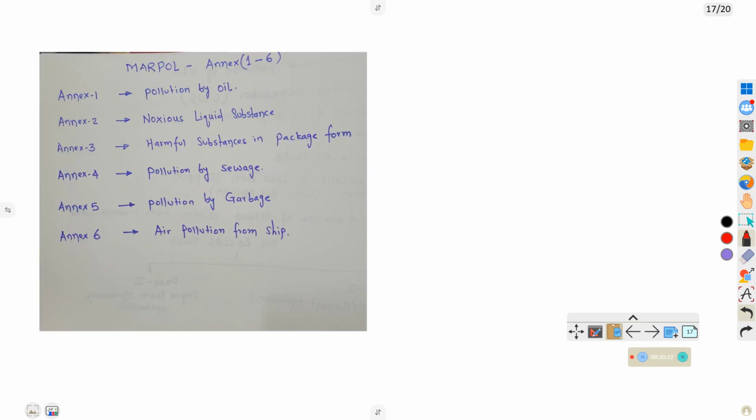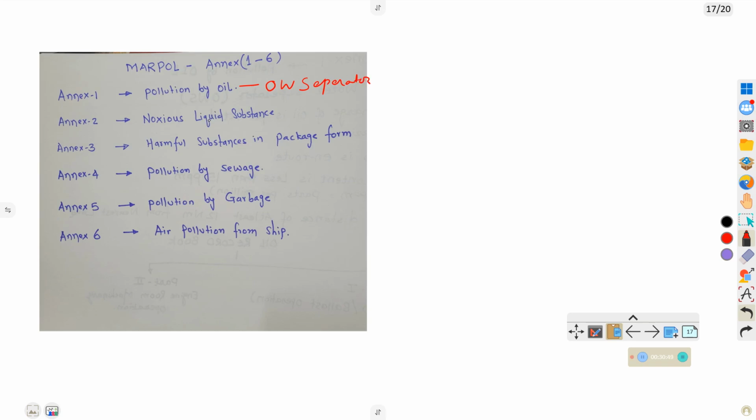Now we'll come to MARPOL. What is meant by MARPOL? MARPOL means marine pollution. MARPOL has 6 annexes. Annex 1 deals with pollution by oil, so it deals with the oily water separator.